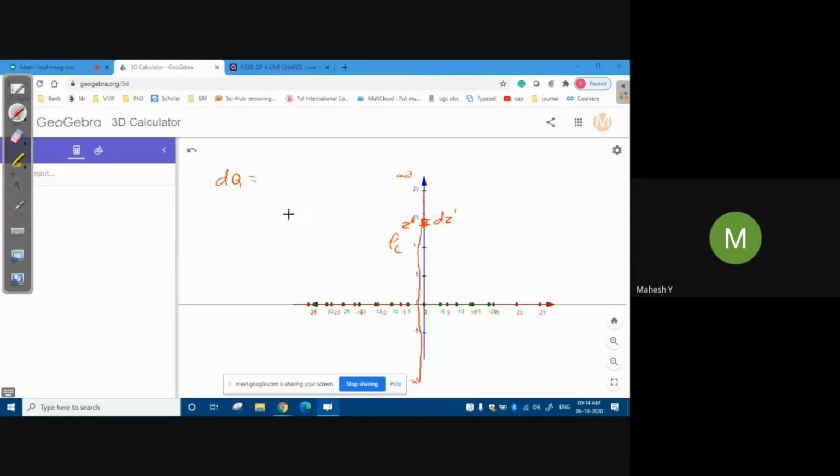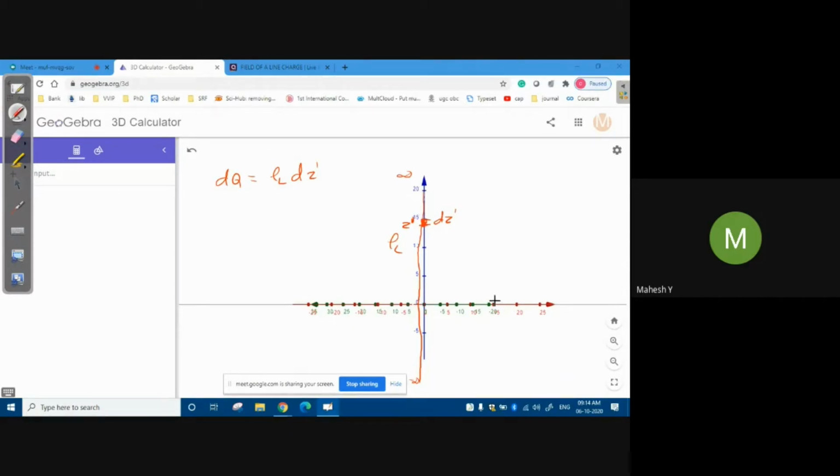How much will it be? Yes, very good. Rho L into dz prime. Rho L into dz prime. So we got the charge.